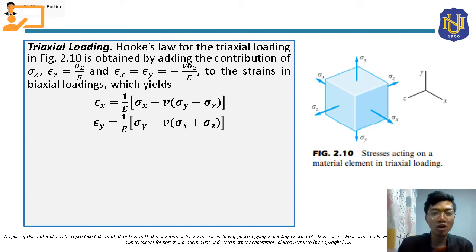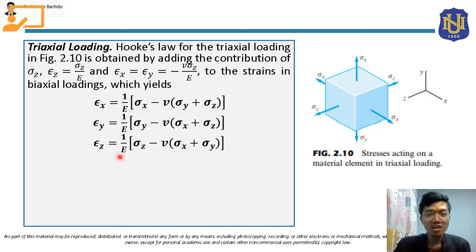Also for epsilon y, this is the formula from biaxial loading, 1 over E times sigma y minus v times sigma x. We are just going to add the effect due to sigma z, so this will be negative v sigma z over E. Also for epsilon z, we are just going to add this effect.